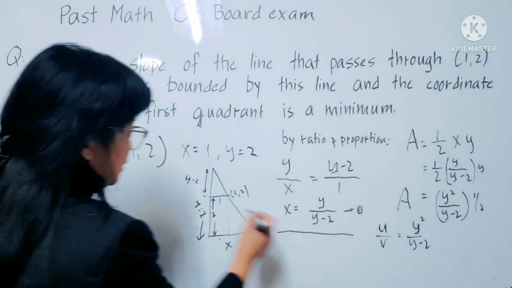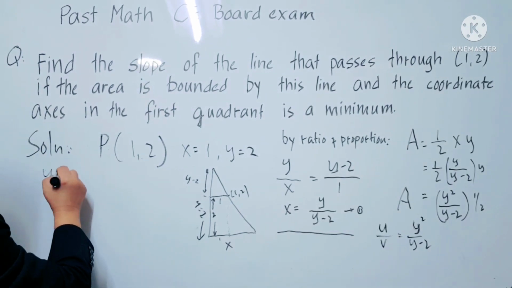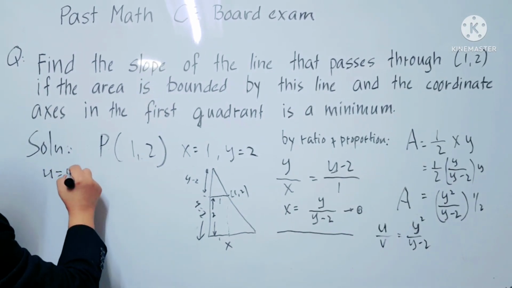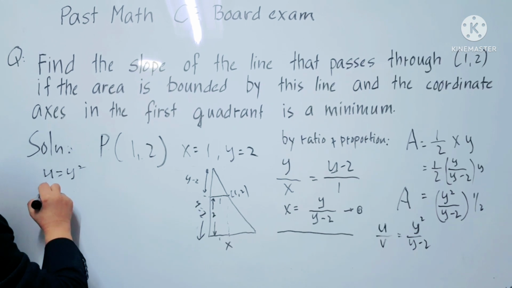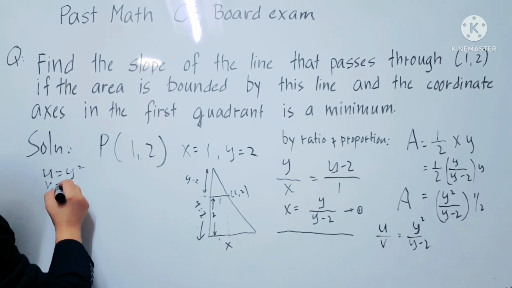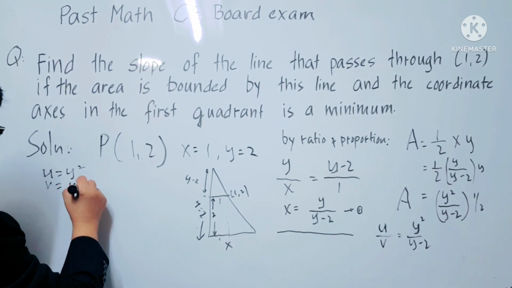So from this, our u is equal to y squared, our v is equal to y minus 2.